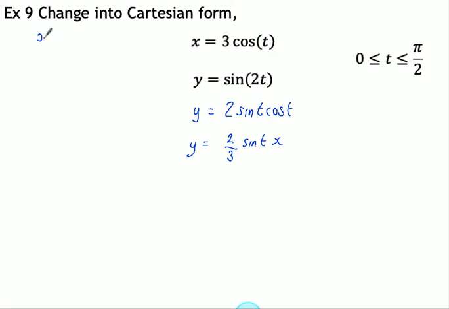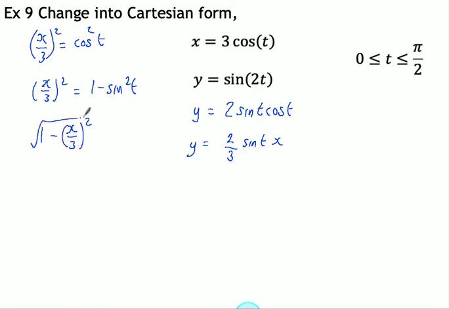So again, Pythagorean identity. So 1 subtract x over 3 squared, square rooted, is equal to sine t, and then we can rewrite it out like this.